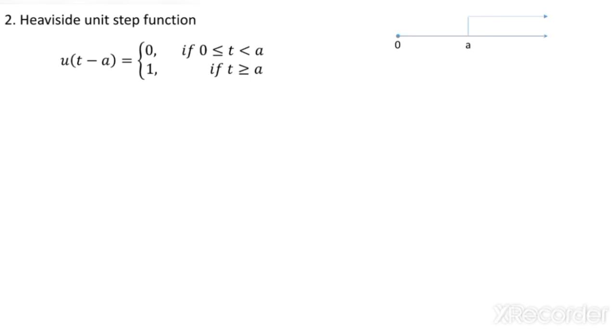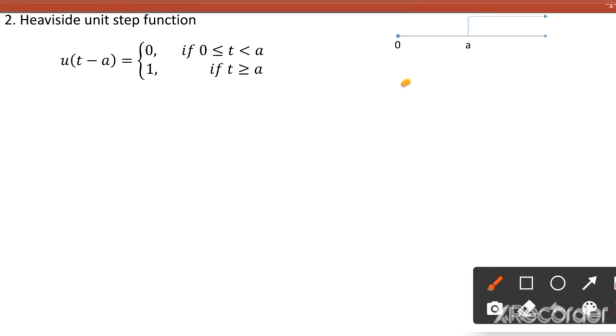U of t minus a is 0 up to a, that is 0 less than or equal to t less than a, and it is constant later on, that is 1 for t greater than or equal to a. The graph is shown here.